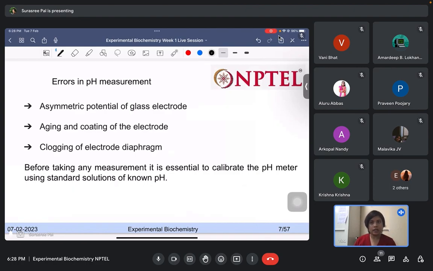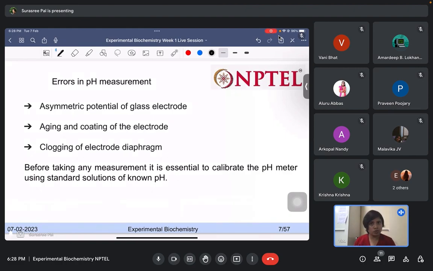So what is actually done here is that there are solutions provided by the manufacturer, which are solutions of pH 4, pH 7 and pH 10. So these are solutions which we can manufacture, and these are of known pH.